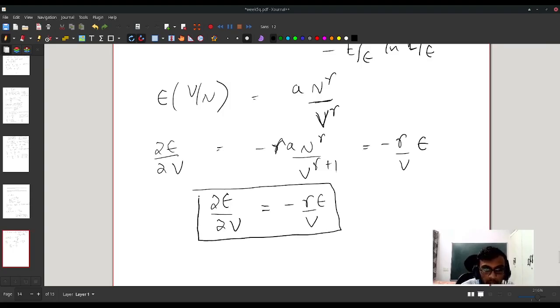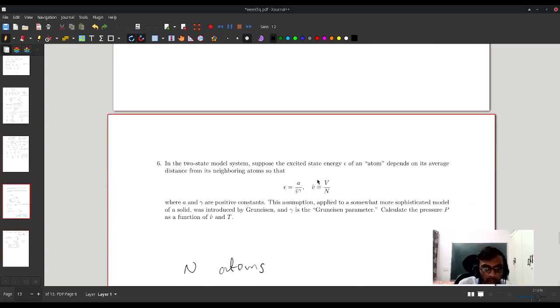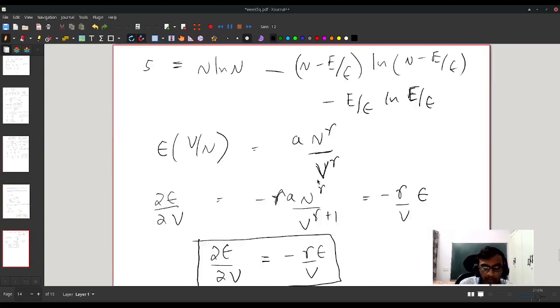This is the derivative of this parameter epsilon with respect to volume in terms of this parameter gamma, which is called the Grüneisen parameter.